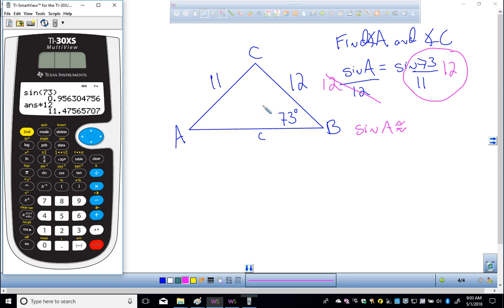Oh, so that's an interesting problem. What I just did is I made a triangle that doesn't work. When you get to trigonometry, you'll find out that this side has to be bigger than this side, otherwise it won't make a triangle.